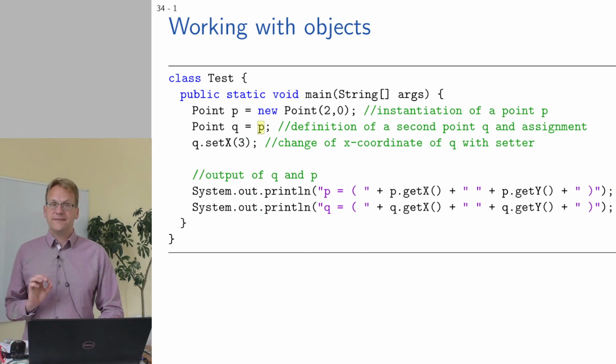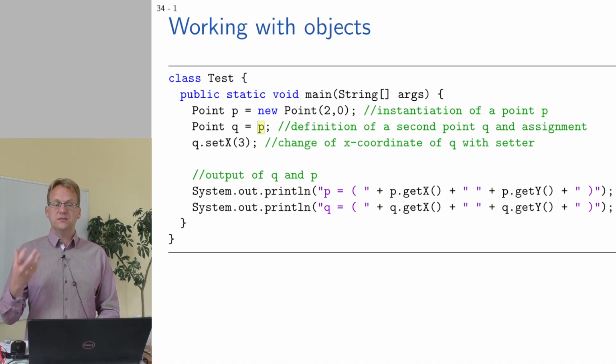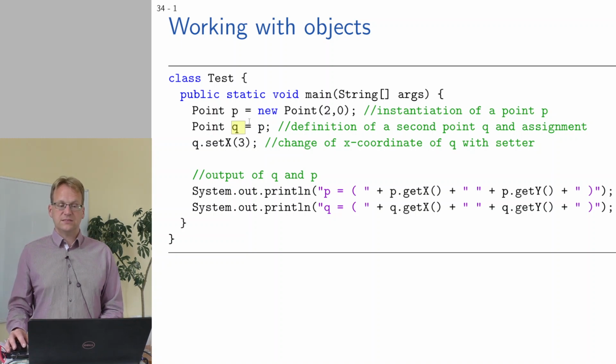And again, with that we do not create a copy of point p. Instead, we look at what is the point in the memory of our computer that variable p is referring to, and with this assignment, q equal p, q will afterwards refer to the very same instance in the memory.